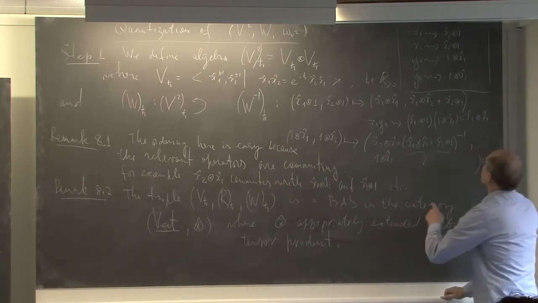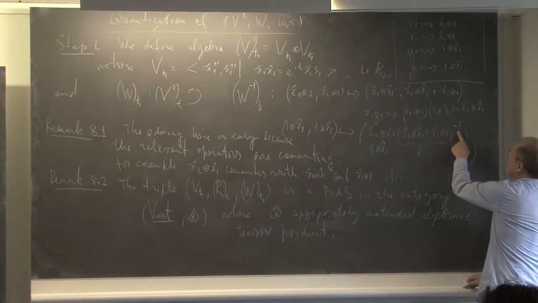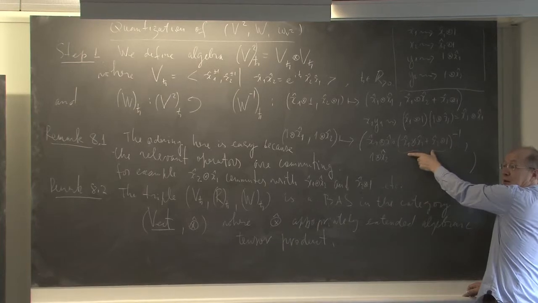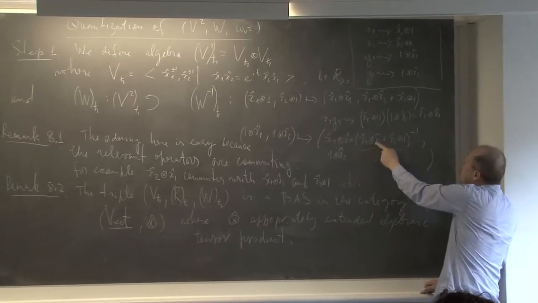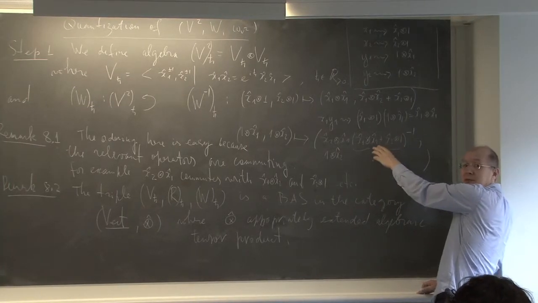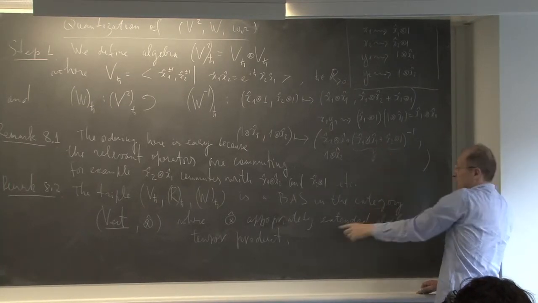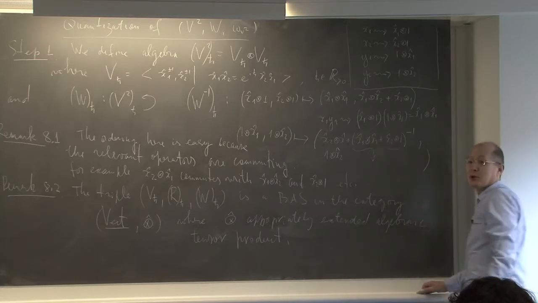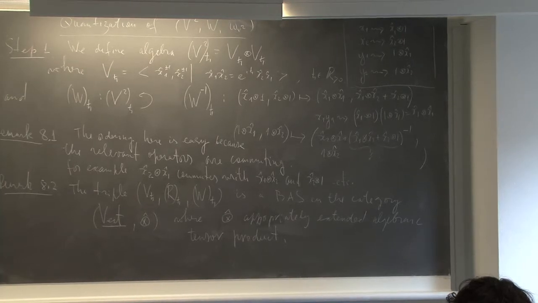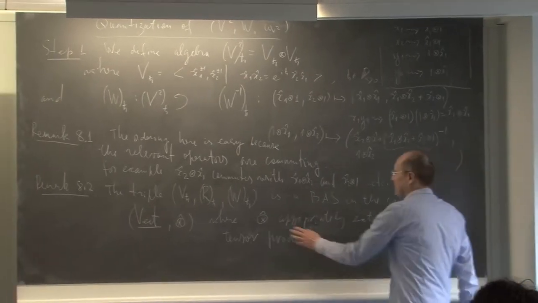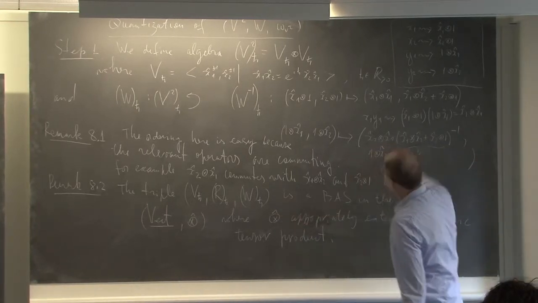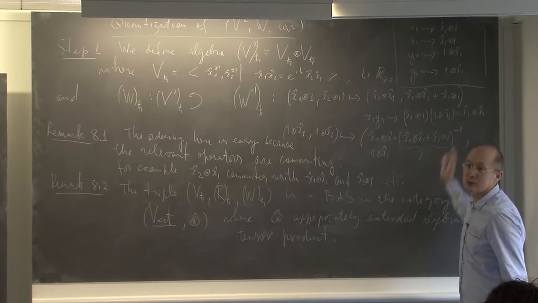Because as you see, we have to invert, for example, this guy, which doesn't live anymore in the algebraic tensor product. So this hat should take into account those. But honestly, I don't know how to formalize this. But anyway, that's what I mean by putting the hat, because of the inverse.